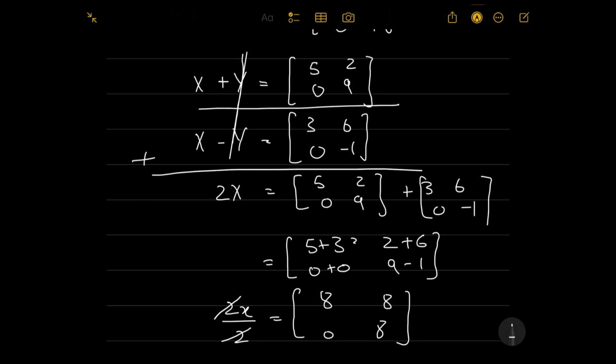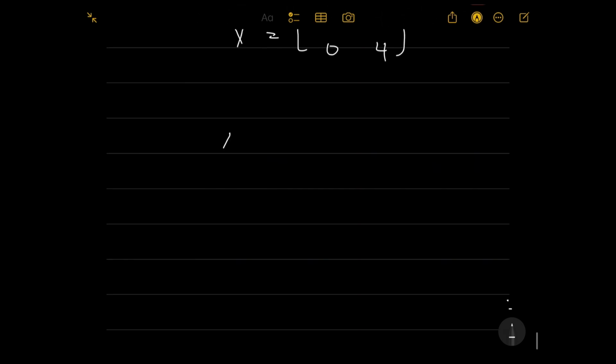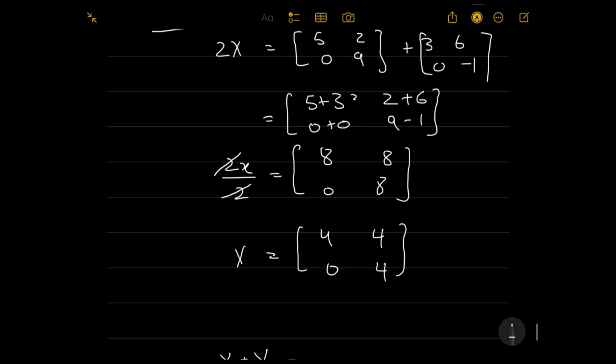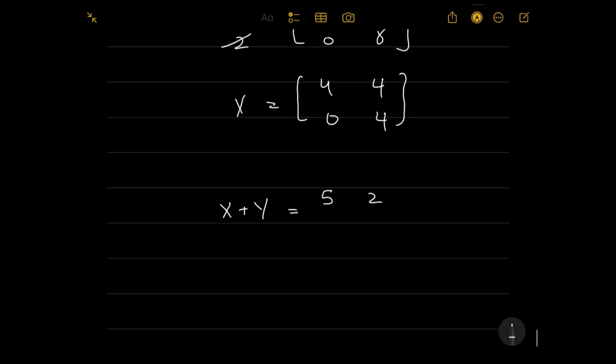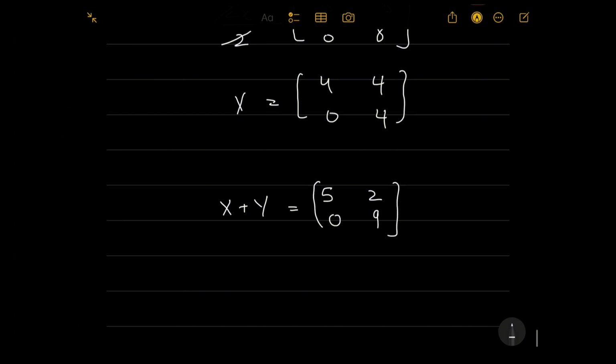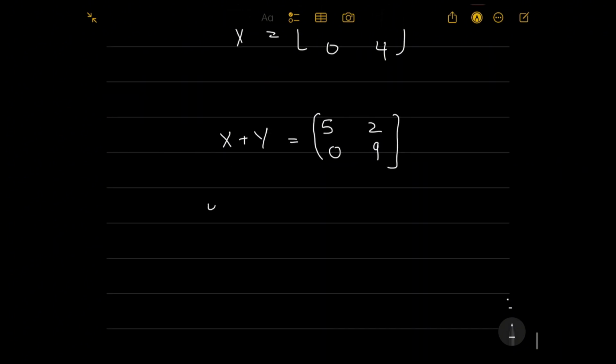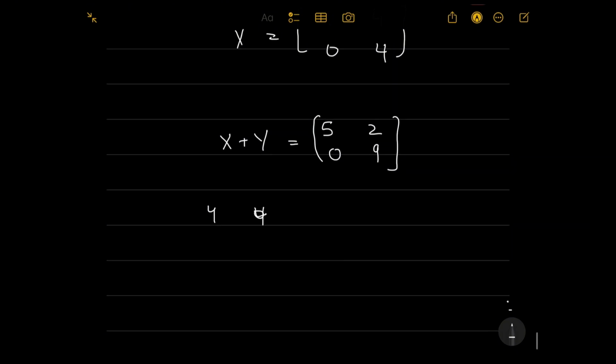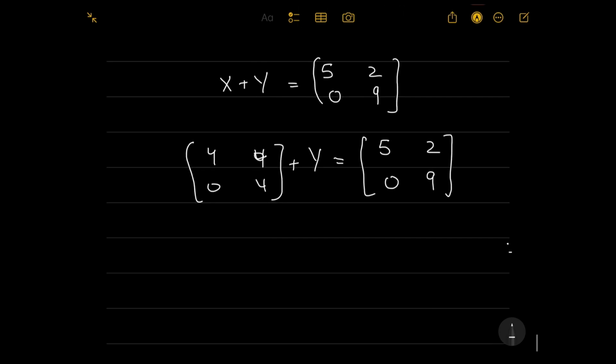What we need to do here is put this value of x in this equation. So x plus y equals 5 2 0 9. Putting the value of x here, 4 4 0 4 plus y equals 5 2 0 9.